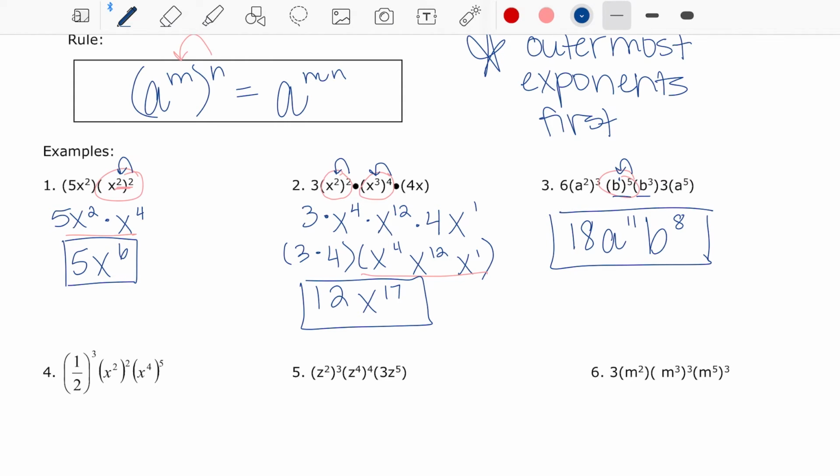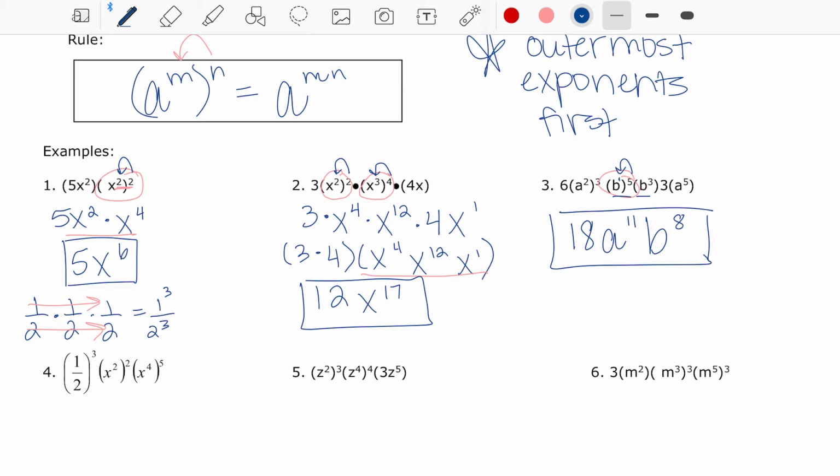All right, number 4. 1/2 to the power of 3. Guys, just because it's a fraction doesn't mean anything changes. This really just says 1/2 times 1/2 times 1/2. And when you multiply fractions, you multiply numerators to numerators and denominators to denominators, which really gives you 1 cubed over 2 cubed.